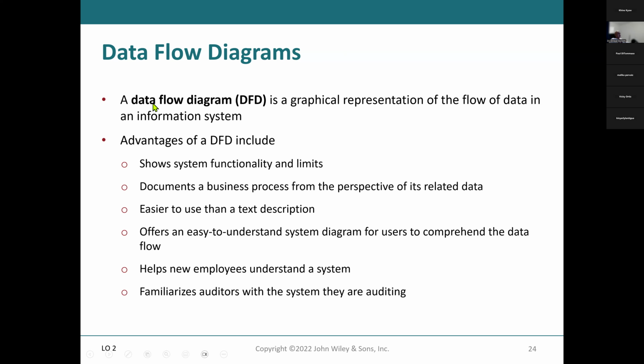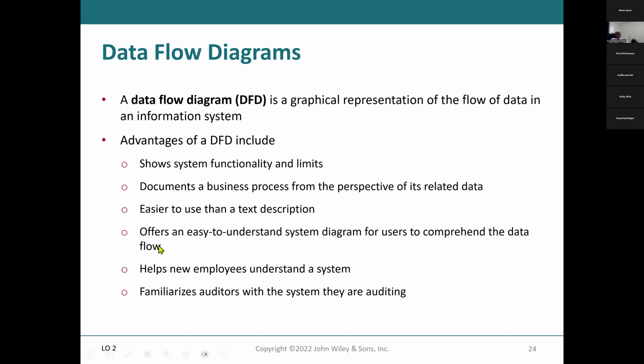A data flow diagram is a graphical representation of the flow of data in an information system. So it will show functionality limits, documents a business process, easier to use than a text description.